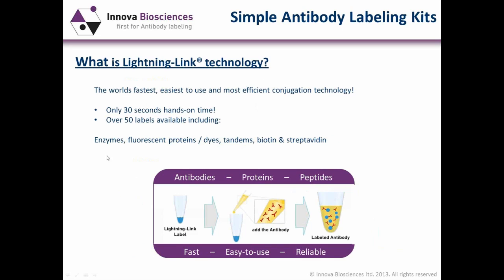So to overcome this, we as a company, Innova Biosciences, developed our Lightning Link technology, which we branded as the world's easiest to use antibody labeling kits. And really, all it is, it's a 30 seconds hands-on time. All you have to do is take your purified antibody, add it to the freeze-dried powder.